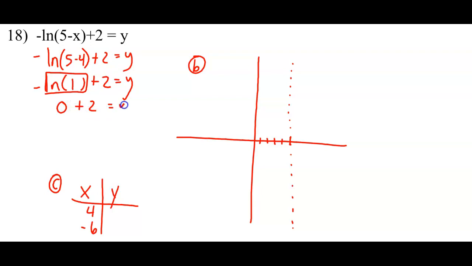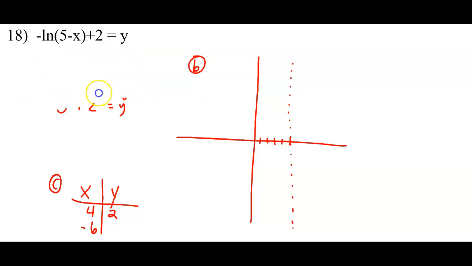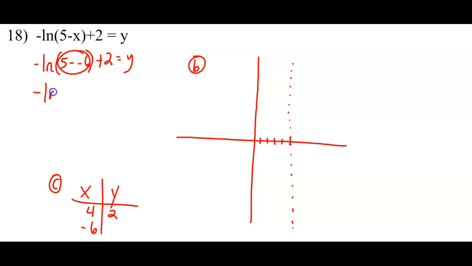So the answer for this one will be 2. All right, let's go ahead and do the next one. Plug in -6. Notice the double negatives there become a positive, so it's actually 5 plus 6, which is 11.